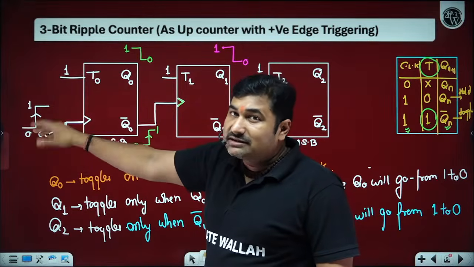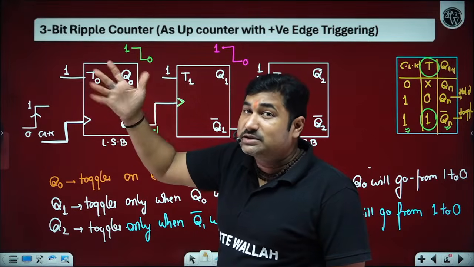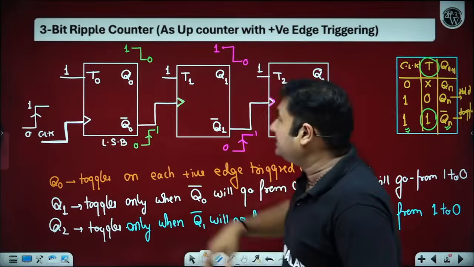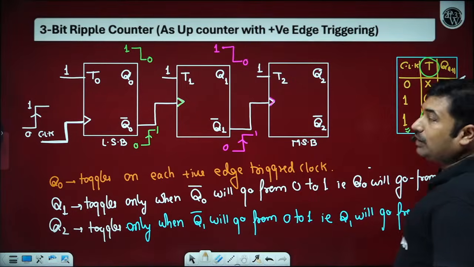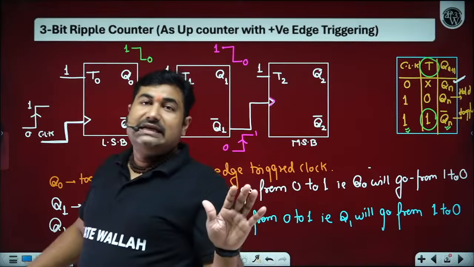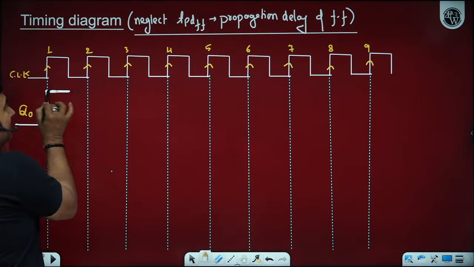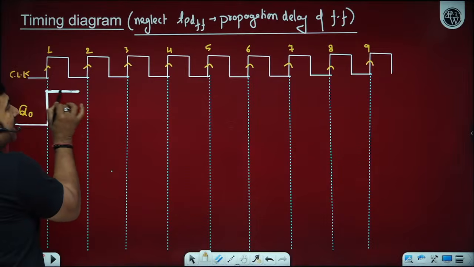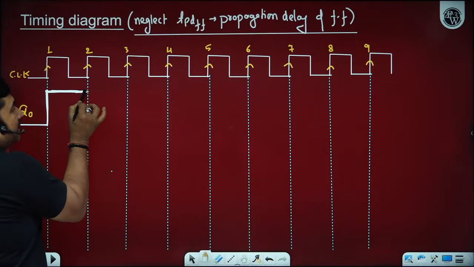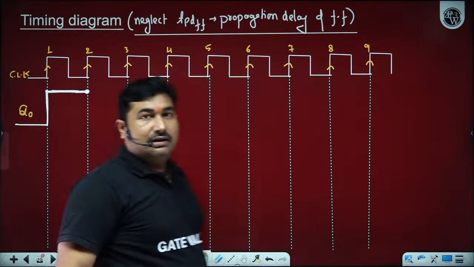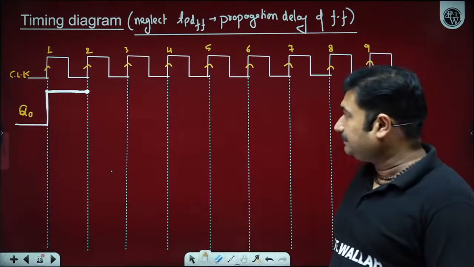When there is no transition of the clock from 0 to 1, there is no clock onto the flip-flop, and the output will remain in the previous state. Previous state means it will remain high until the clock appears again. Again we are getting a clock at this point.